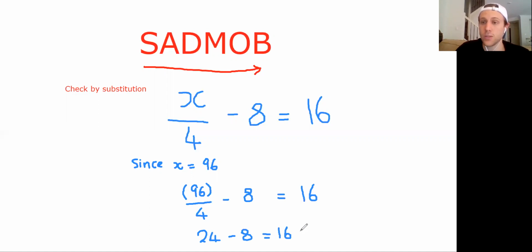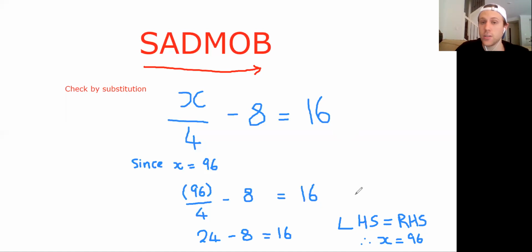And my right-hand side is also 16. So I can say that the left-hand side equals the right-hand side. And we have found the value for x, which is therefore x is 96, and we have justified that we absolutely know that it's 96.